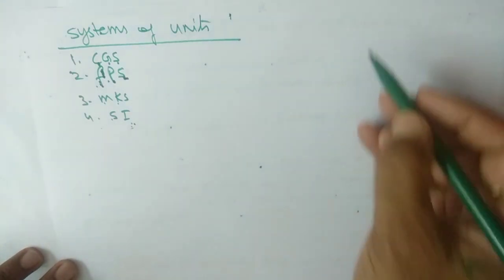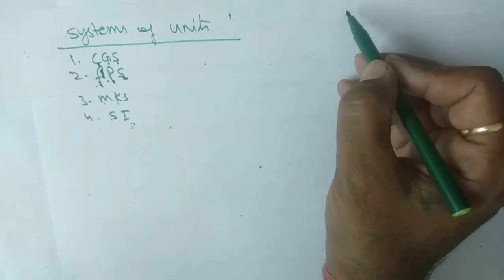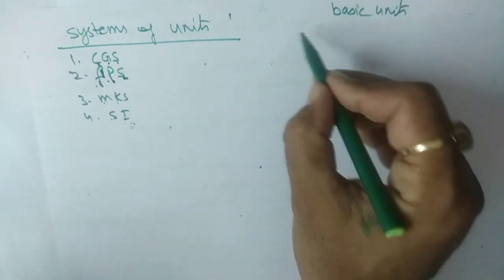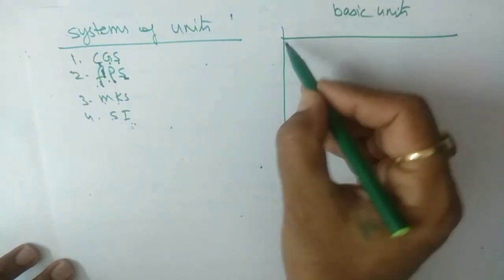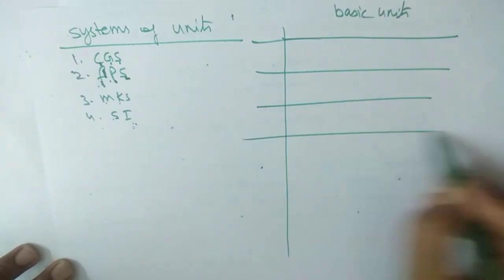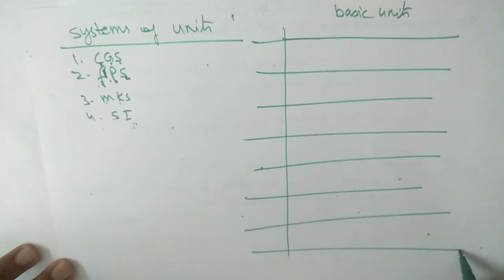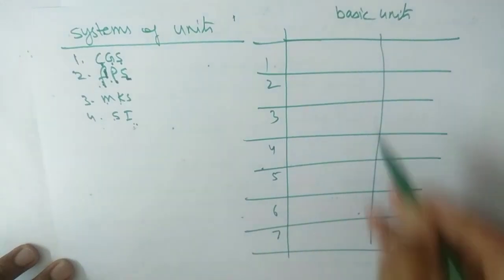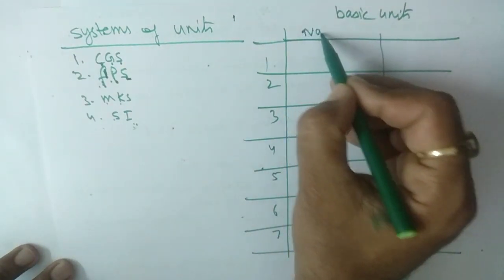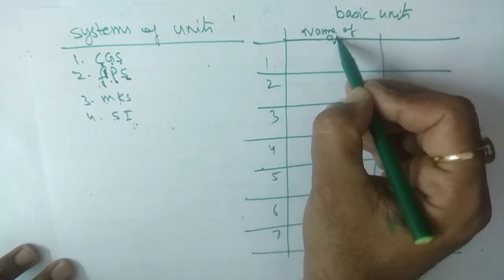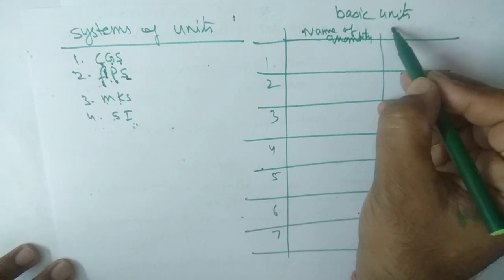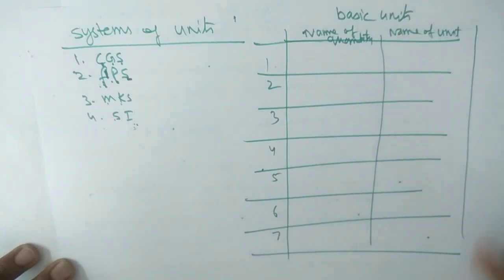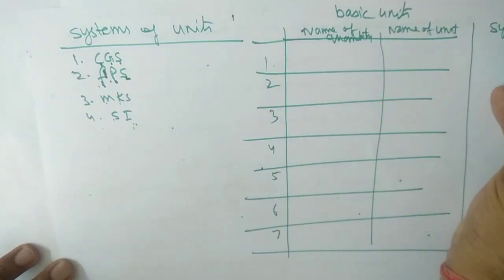Now come to the basic units, fundamental units, and the two supplementary units. I'm coming to the basic units. These are the 7. Here we'll write the physical quantity, that is the name of quantity, here the name of unit, and here the symbol.